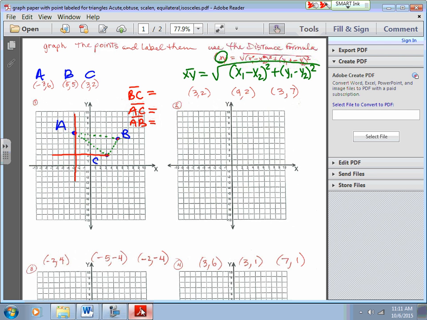But if I connect to, you notice, I just made a right triangle. If the sides are on a vertical line and a horizontal line, you can just count those square units. How much does this side measure right here? 1, 2, 3, 4. That side measures 4. How about this side?